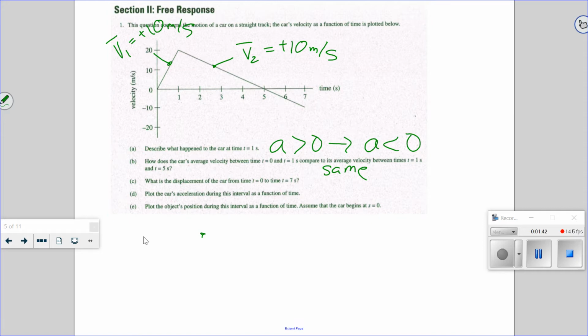What's the displacement from 0 to 7? So you have to subtract 5 meters for that last little segment.